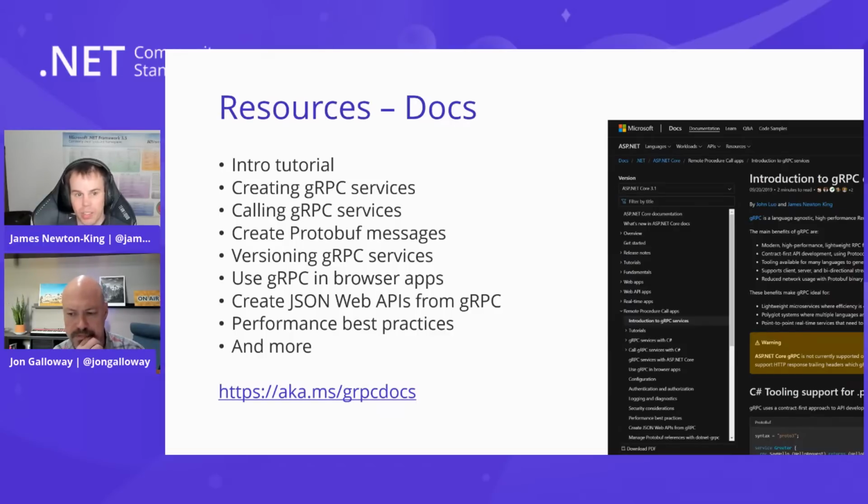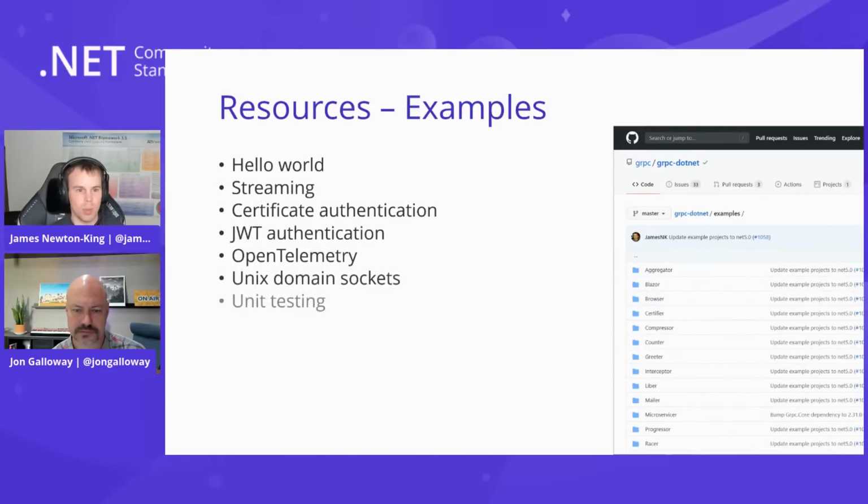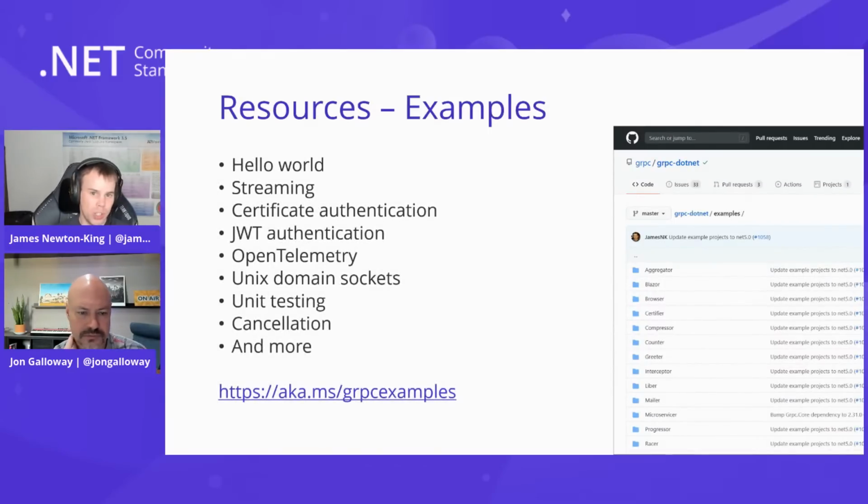And then a whole bunch of other things which we haven't discussed today. And then a whole bunch of examples. And one of those examples, I don't think it's quite merged yet. A PR is waiting to get merged at the moment, is a demo of how to run gRPC JSON transcoding.